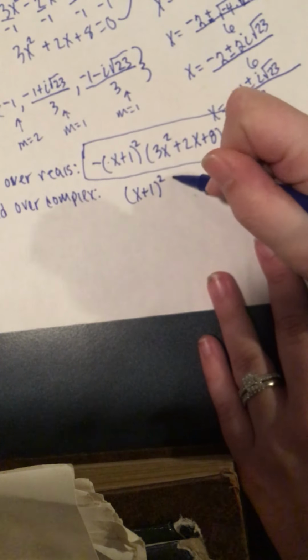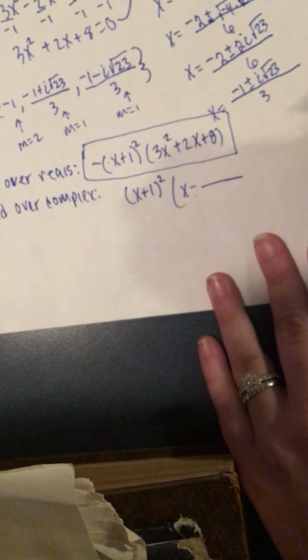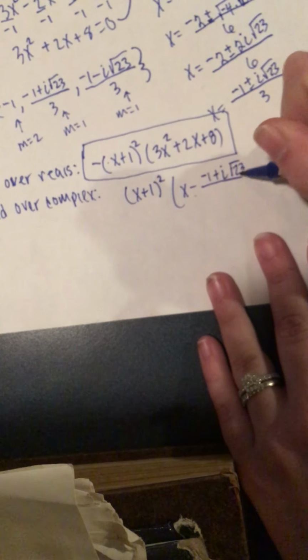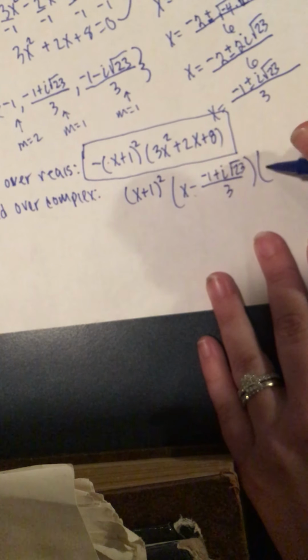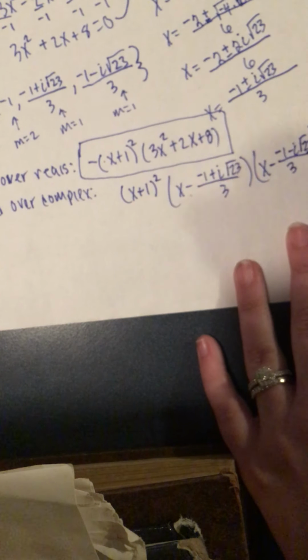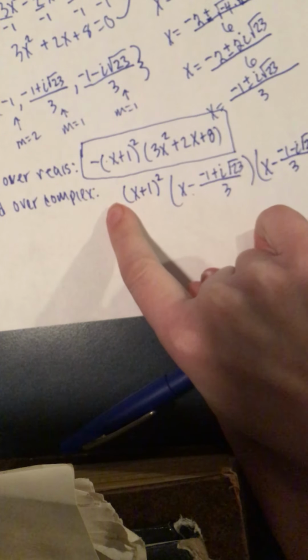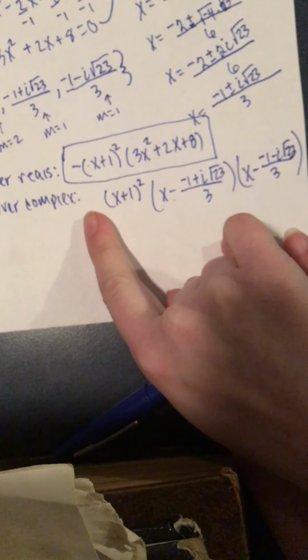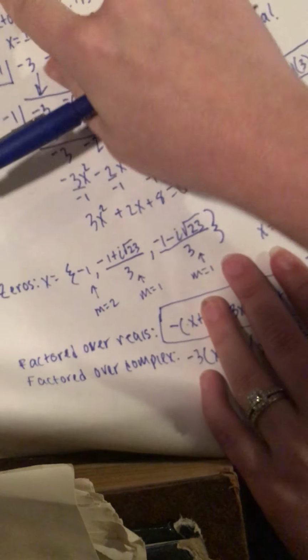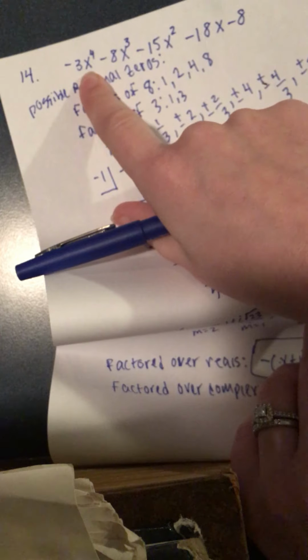So we're going to have a factor x minus negative 1 plus i square root 23 over 3. And then a factor x minus negative 1 minus i square root 23 over 3, like that. And what do we need to put in front? On this one, we're going to have to put a negative 3 in front. That is the leading coefficient from the original problem.